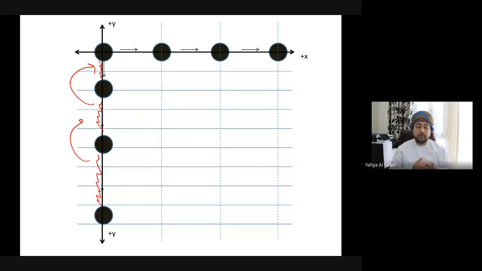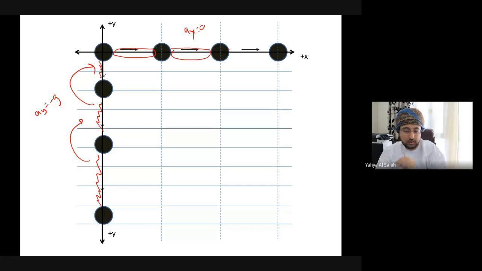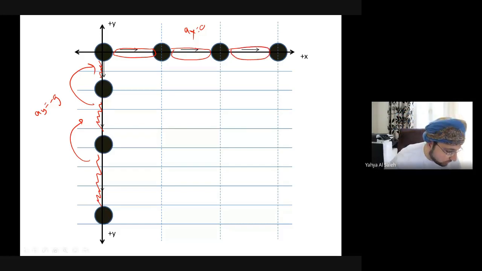But since my acceleration, ay is equal to minus g, ax is equal to 0. Since my acceleration in x is equal to 0, my velocity is constant, it's not changing. So if you notice, this distance does not change whatsoever.